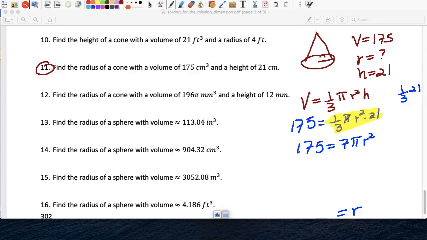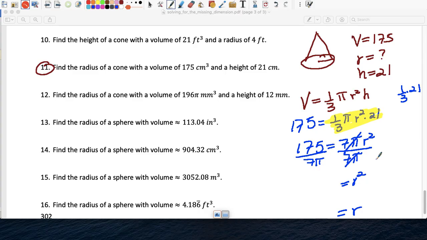Now if I ask you what we divide both sides by, it's easier to see: divide by 7 pi on both sides. That goes away, and we're left with r squared.